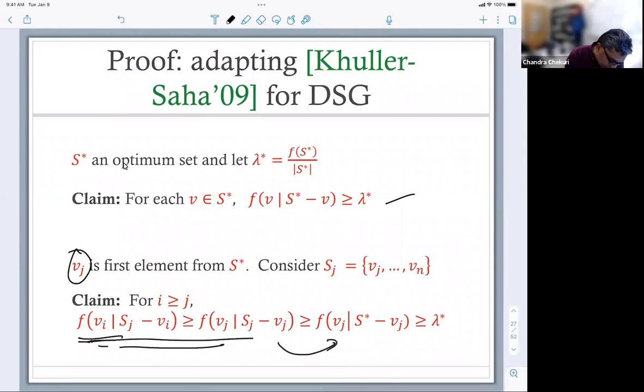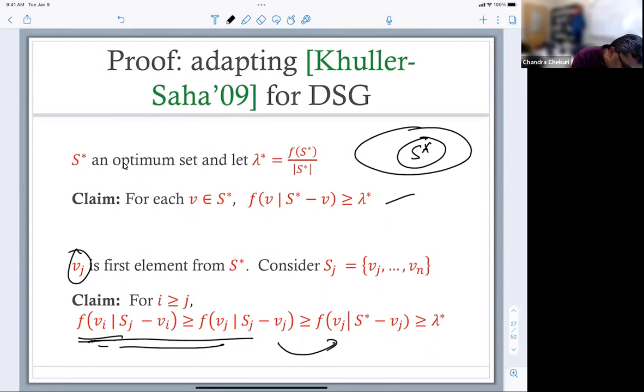And now this is from supermodularity. I claim that the marginal value of Vj to Sj is at least Vj to S star, because S star was not touched so far. Remember, Vj was the first vertex in S star. So that means that S star is sitting here, and this is Sj, and Vj is here.